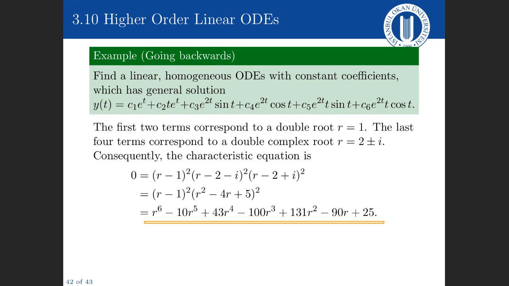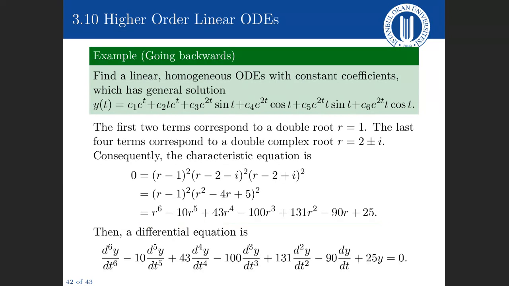As soon as we know the characteristic equation, we can write down a differential equation which has this characteristic equation. Instead of r to the power 6, 6 derivatives of y. Instead of minus 10 r to the power 5, minus 10 and then 5 derivatives of y, and so on.